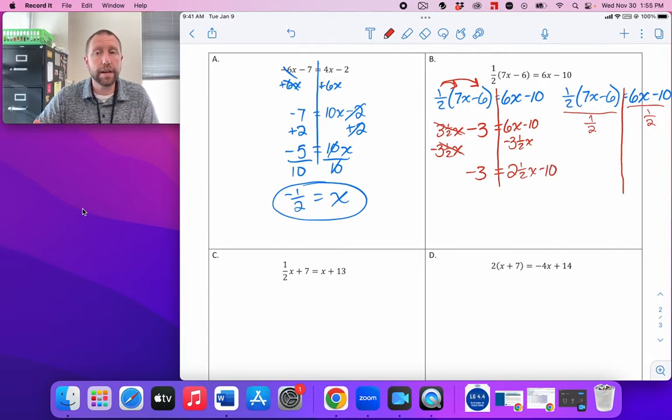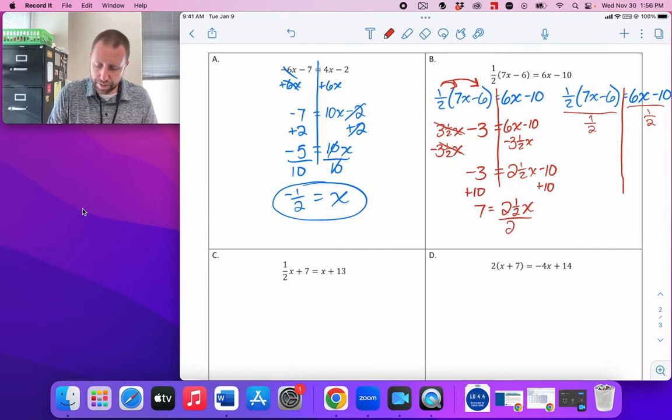All right, from here, the x's are on the right-hand side. Got to get rid of those other numbers, and we do that by adding or subtracting. It's already a minus 10, so I add 10 to both sides. Negative 3 plus 10 is 7. So now I have 7 equals 2.5x. And again, now I get rid of the 2.5 by dividing. When a number is written beside a letter, that means multiply. To get rid of it, you divide.